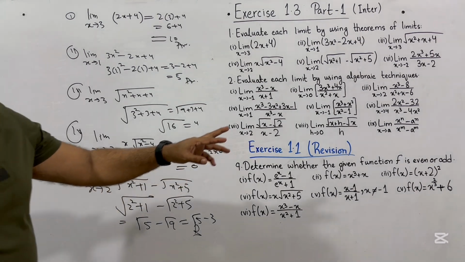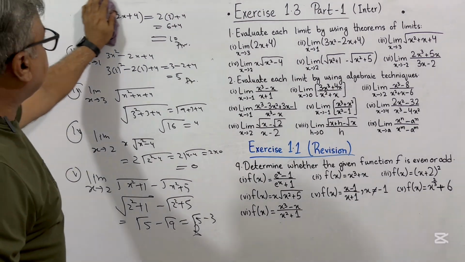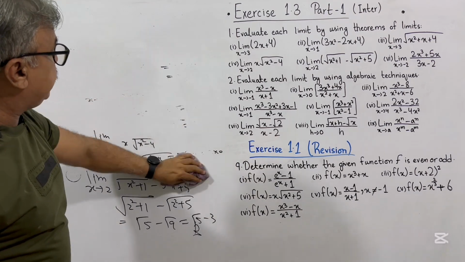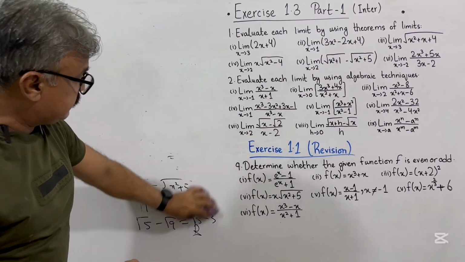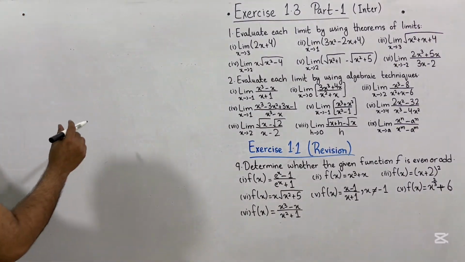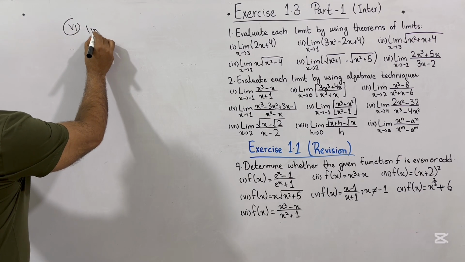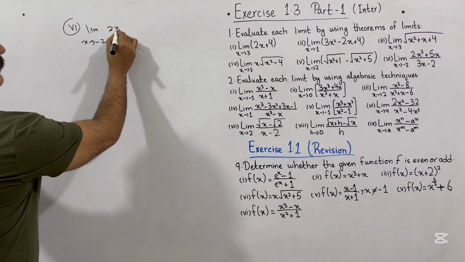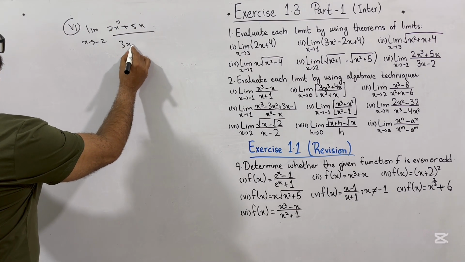Question next, based on the denominator. Now we are getting into our territory where we have to take care of the denominator and the real questions in the sense of limit. Here it is part number 6 of question 1, limit x tends to negative 2, 2x cube plus 5 times x over 3x minus 2.